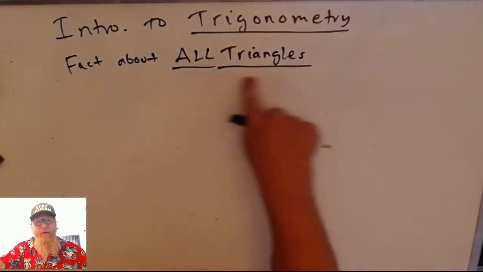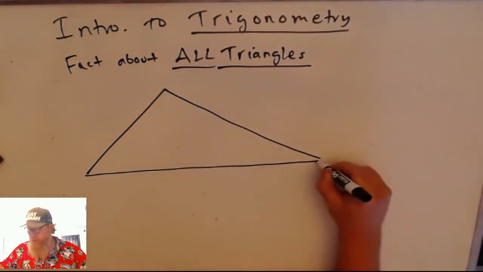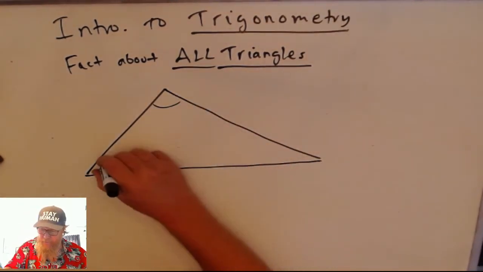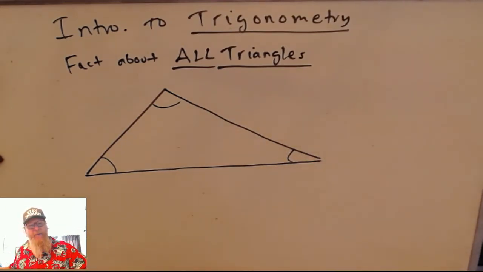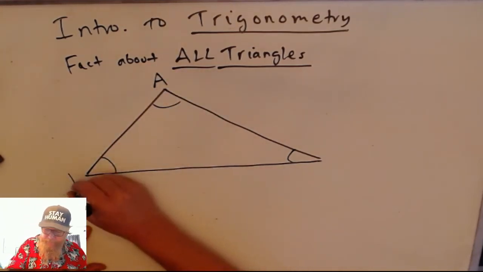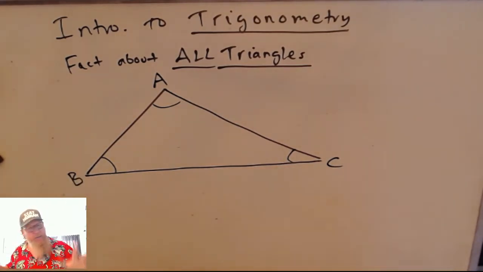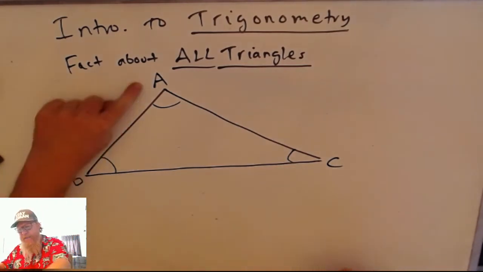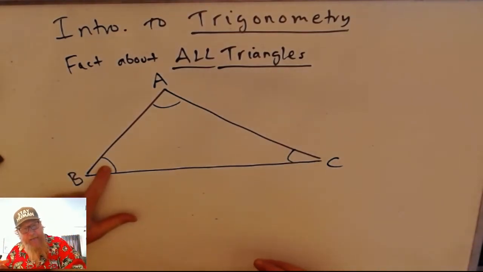Okay, a fact about all triangles. Doesn't matter whether it's a right triangle or not. All triangles have this fact. This goes back to the very beginning of 5.8 when I taught you about the different terminologies about triangles. All triangles, if you add up the angles, all right, and again, this is not a right triangle. This could be any triangle. We typically name the corners, also known as the vertices, the same letter as the angle.